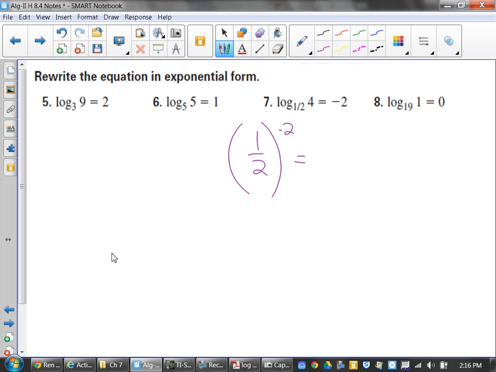Flip your fraction and square it. That's where that comes from, using your exponents. And then lastly, 19 to what power is 1? 0. Because anything to the 0 power is 1.